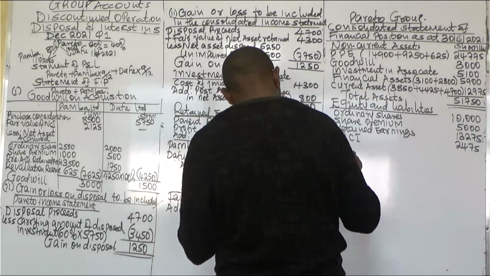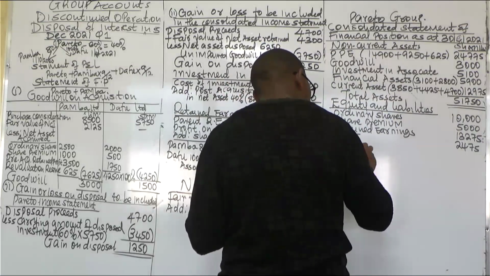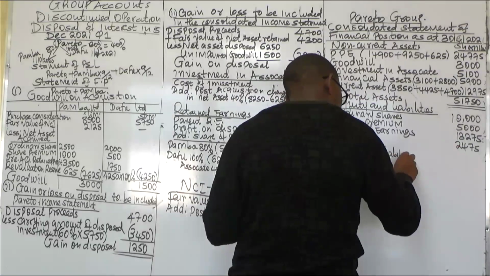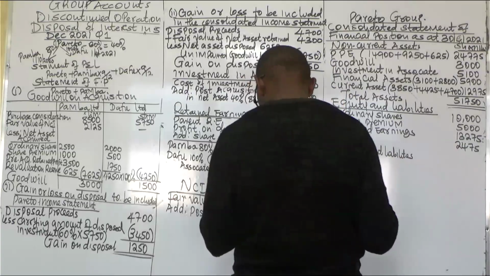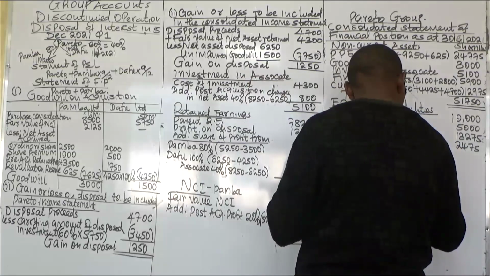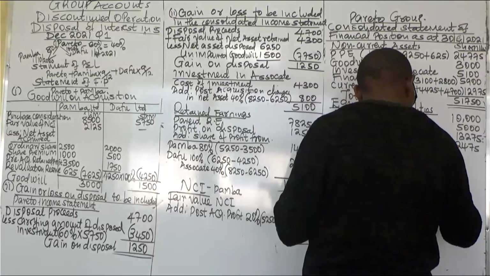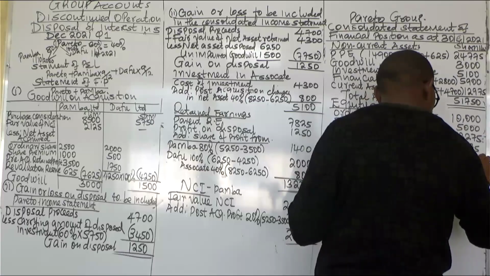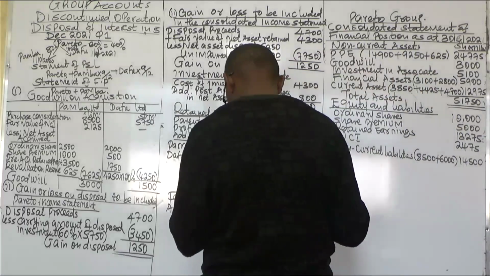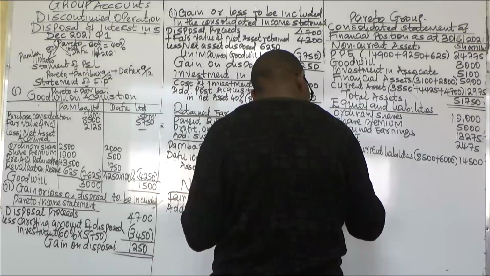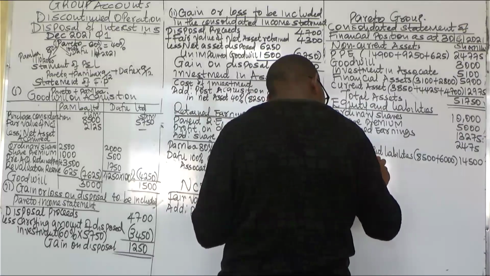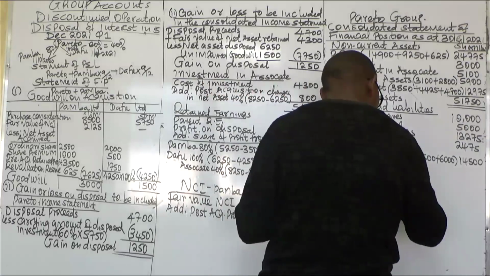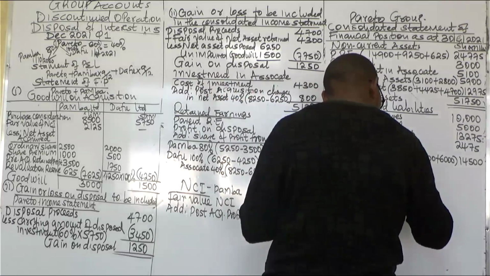Continue, we go to the non-current liabilities. Non-current liability will be 8,500 plus 6,000. Here there was nothing that was affected by that. So it will be 14,500. Current liabilities here will be 4,775.